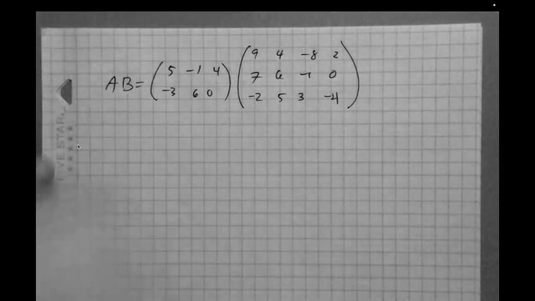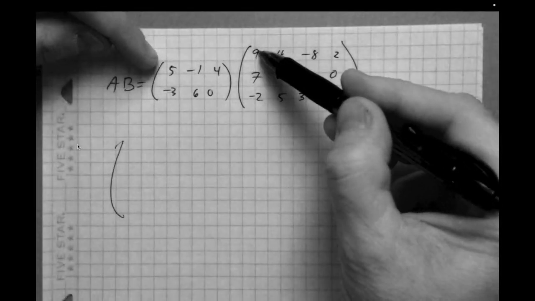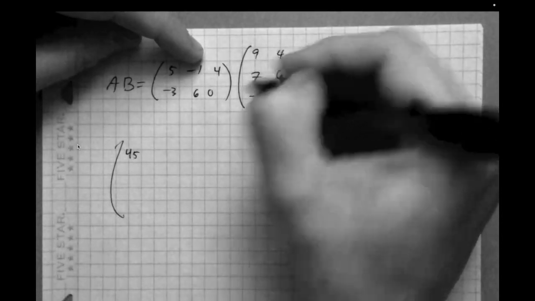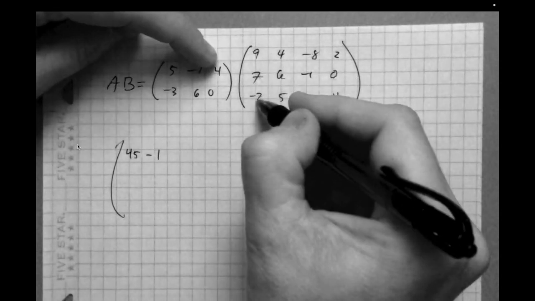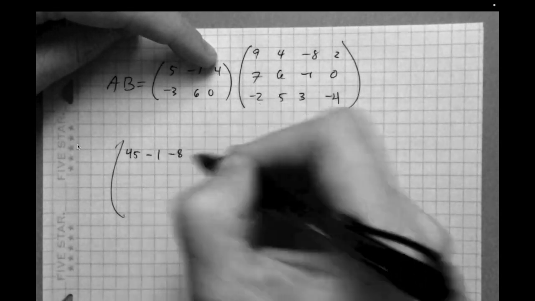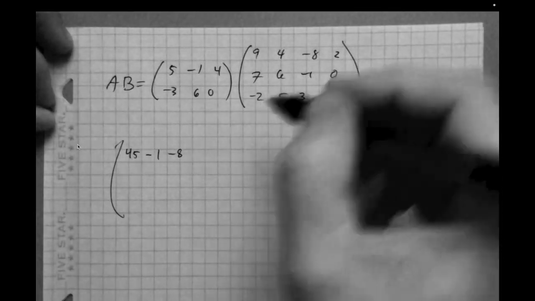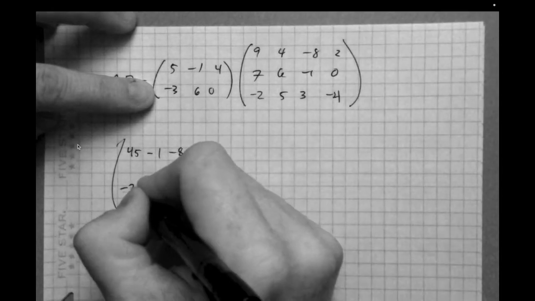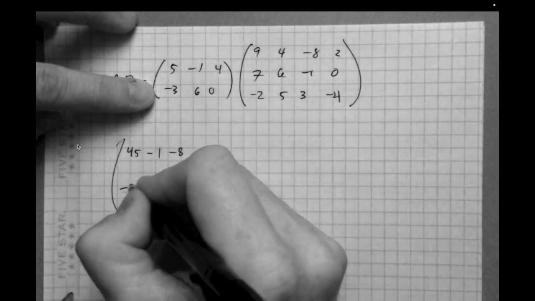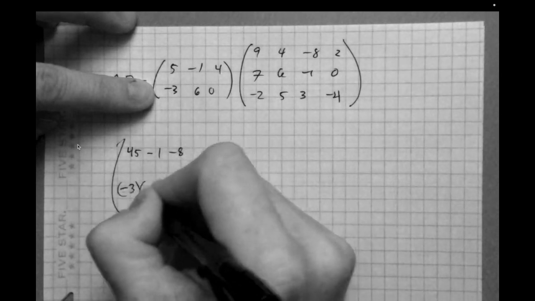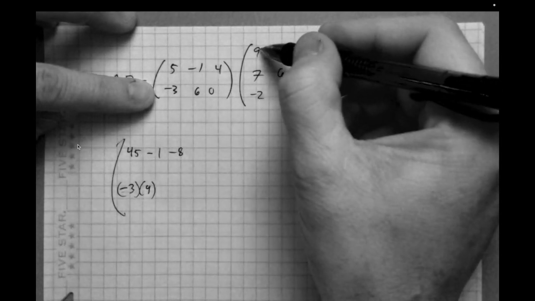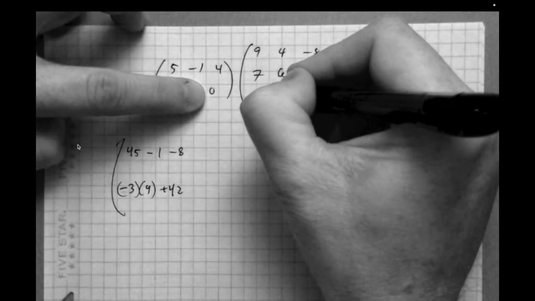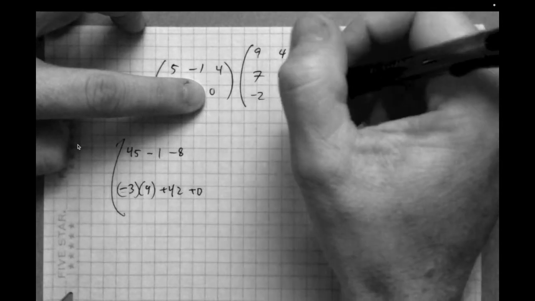The first thing I'm going to do is 5 times 9 is 45, plus 7 times -1, plus 4 times -2. That's the first entry. The entry right below that is going to be -3 times 9, that's -27. If you can do it in your head, that's fine. Plus 7 times 6, plus 0 times -2.